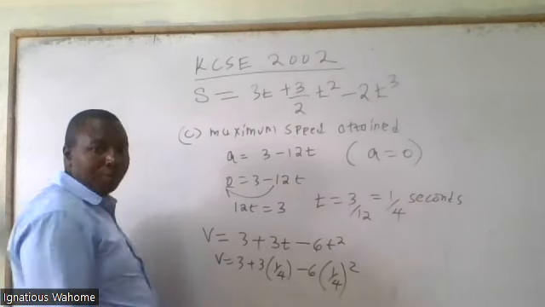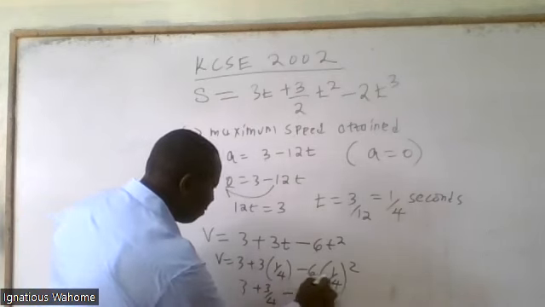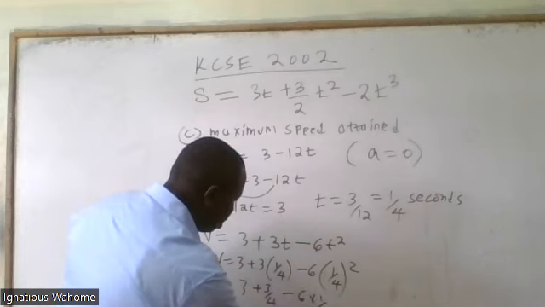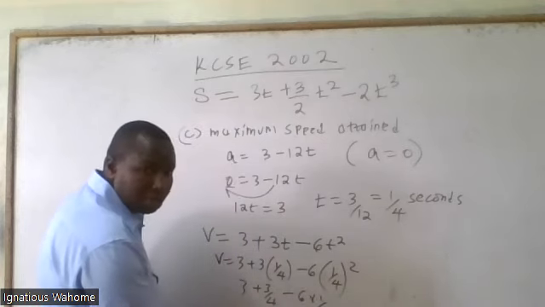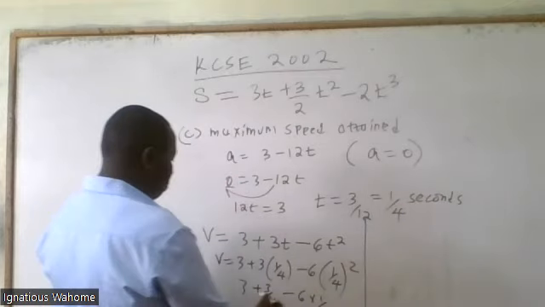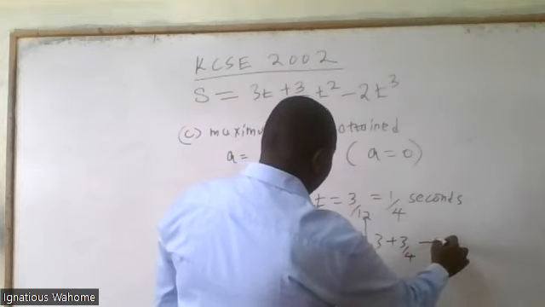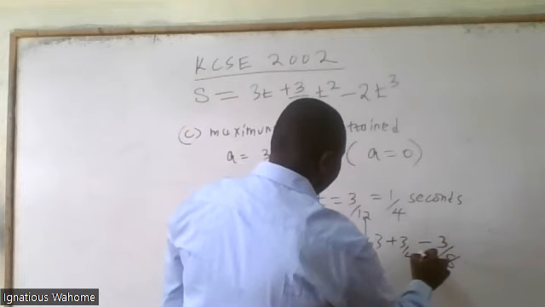A quarter squared is 1 over 16. So you get 3 plus 3 over 4 minus 6 over 16, which becomes 3 over 8.